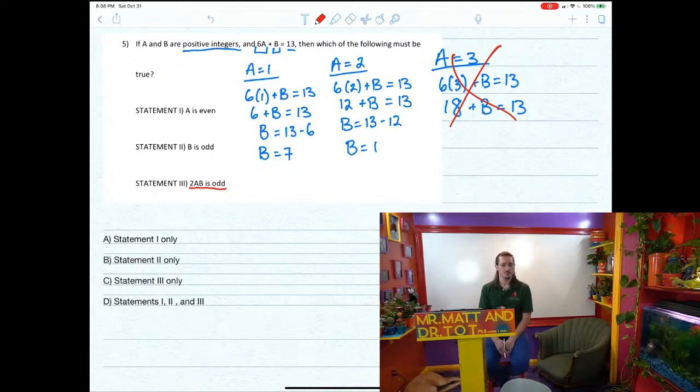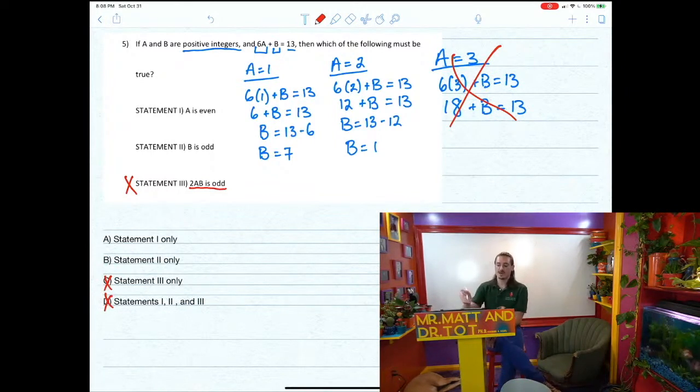Any number divisible by 2 is necessarily a multiple of 2 and is therefore necessarily an even number. So it's a mathematical impossibility for 2 times A times B to be odd if A and B are positive integers. So this statement 3 could never be true, so we know immediately that this is really a 50-50 shot between statement 1 or statement 2.